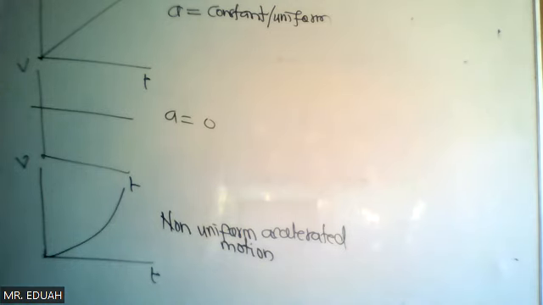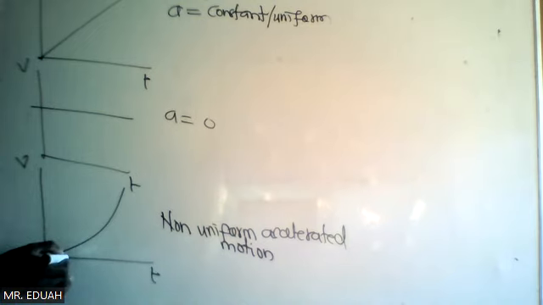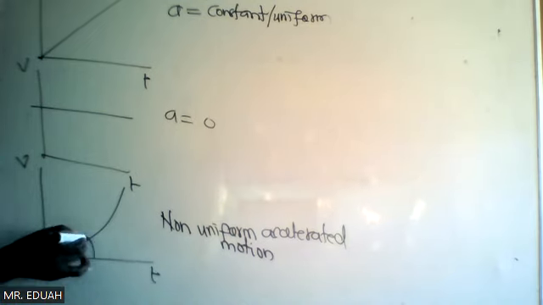It means the graph has a changing slope, and the slope is increasing.